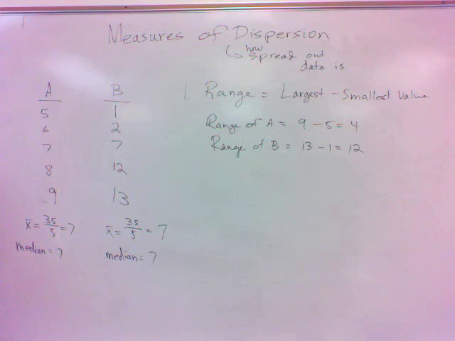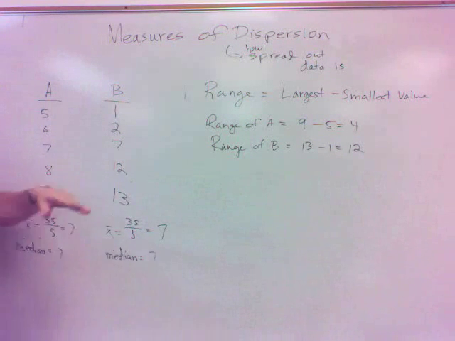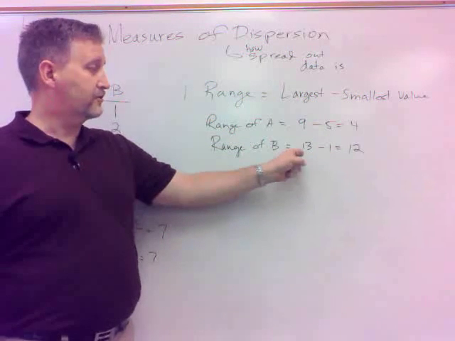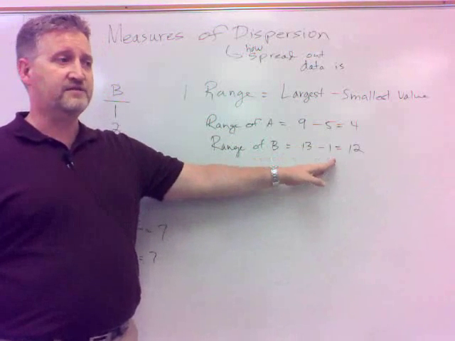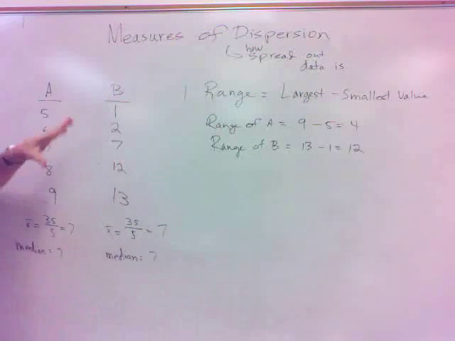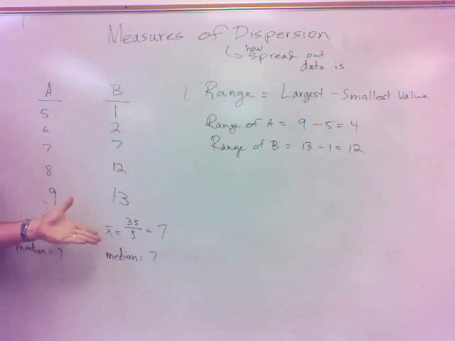Now, however, that's a nice, easy calculation, but it is limited statistically speaking. It's not used a whole lot for much of anything. The reason is that you're just dealing with the highest and the lowest values, only those two values. A distribution here just has 5, but what if I had 20 values?